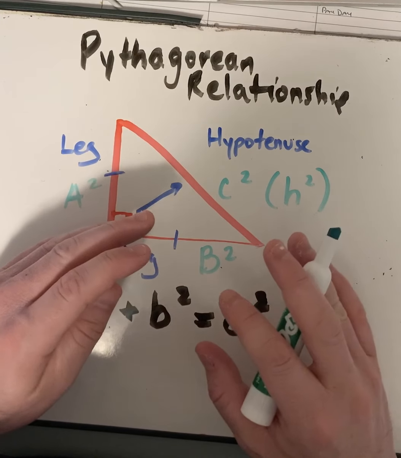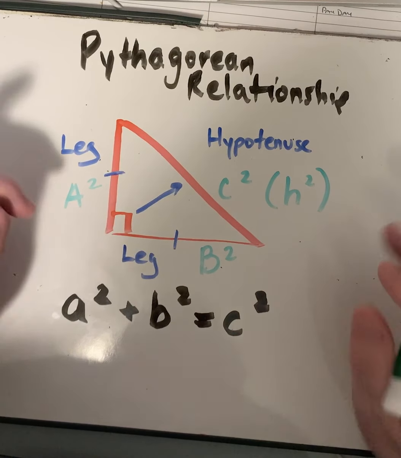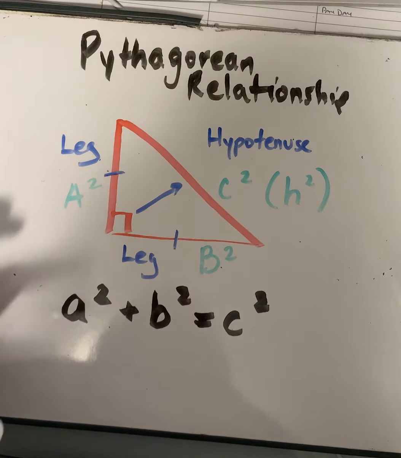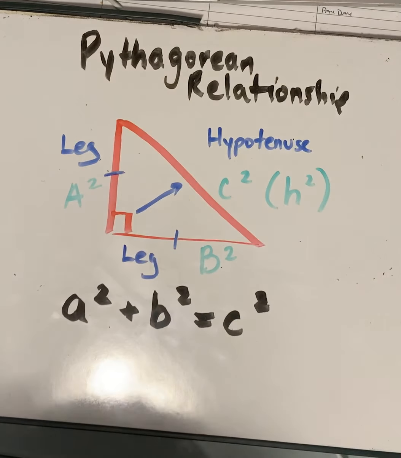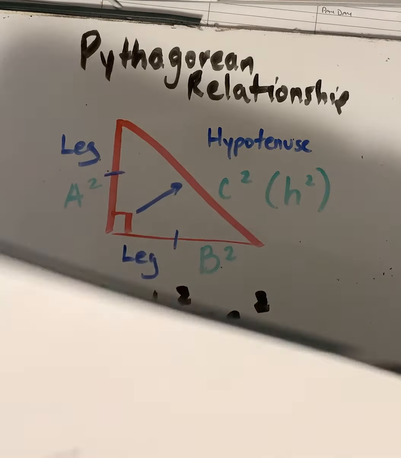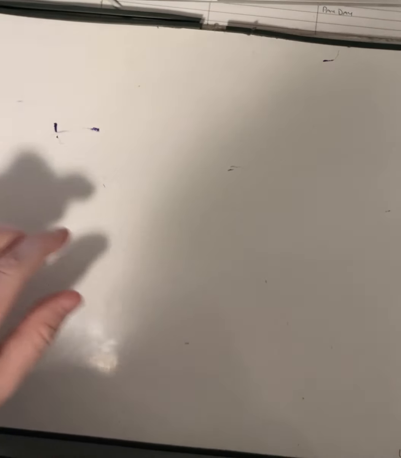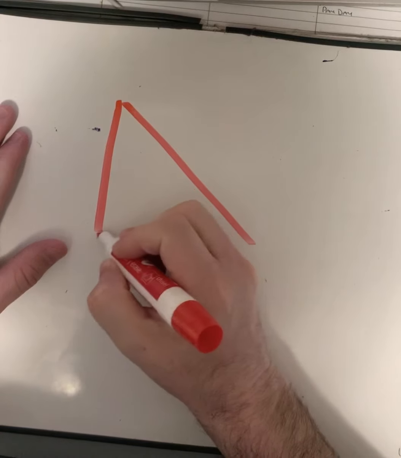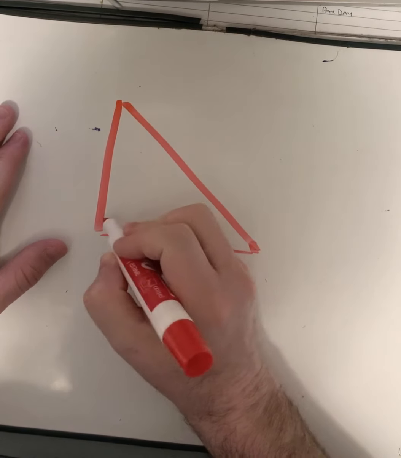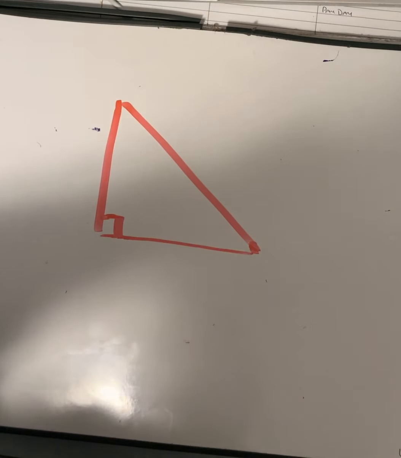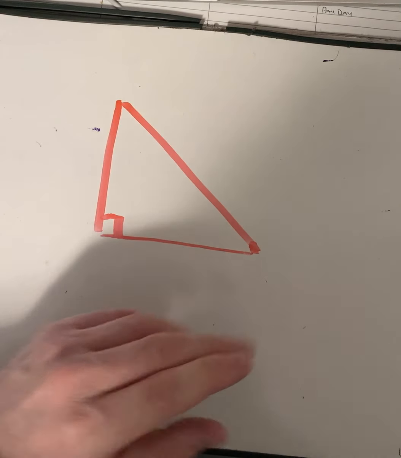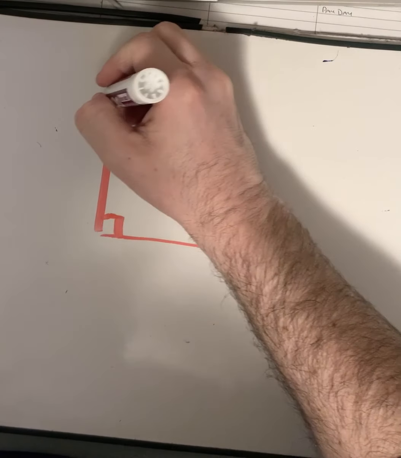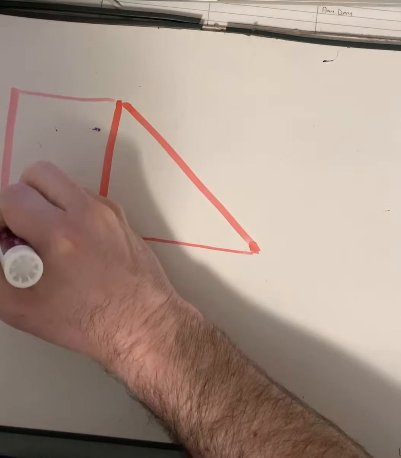Now let's go a little bit deeper into the next portion of this, if I can just quickly switch my board. We're going to draw another right angle triangle. So the Pythagorean relationship pretty much says that the squares, because you notice that they said squares, right?